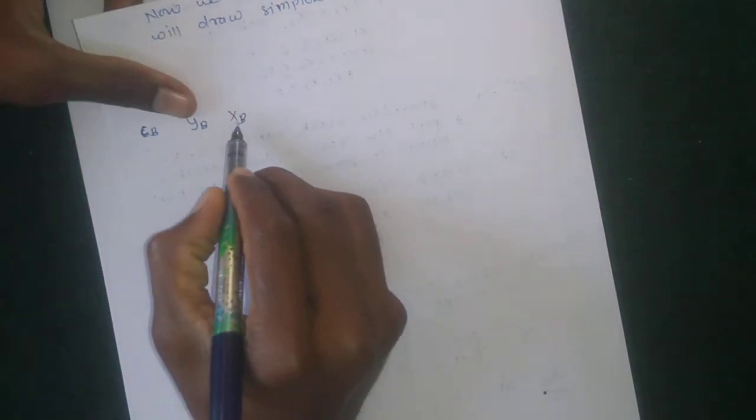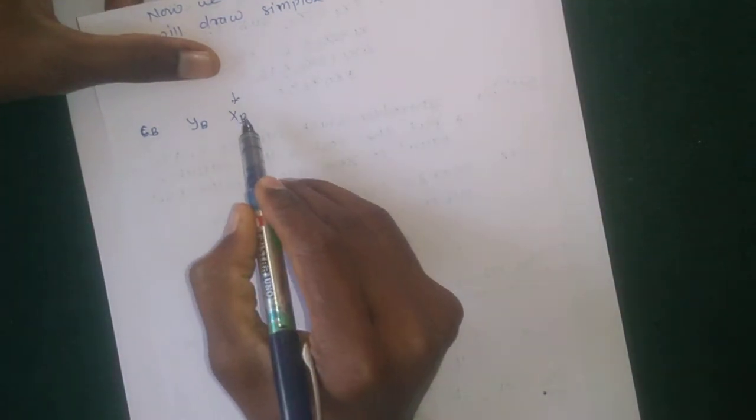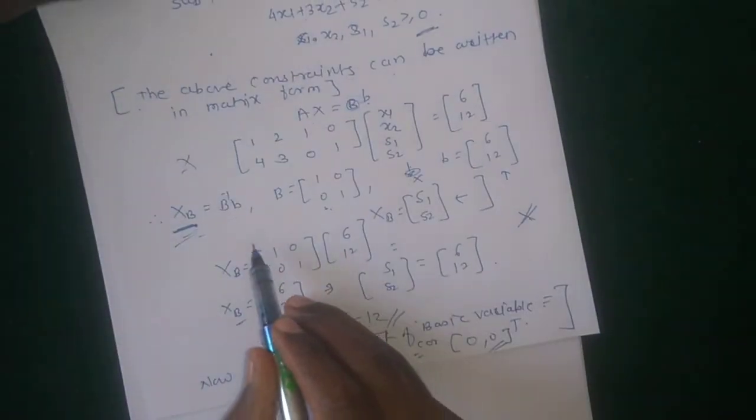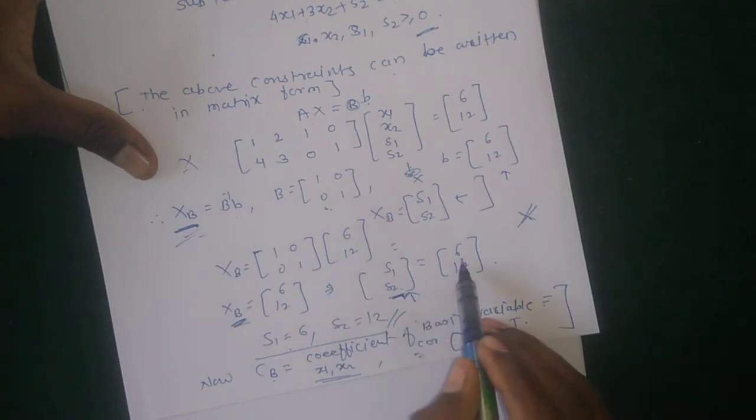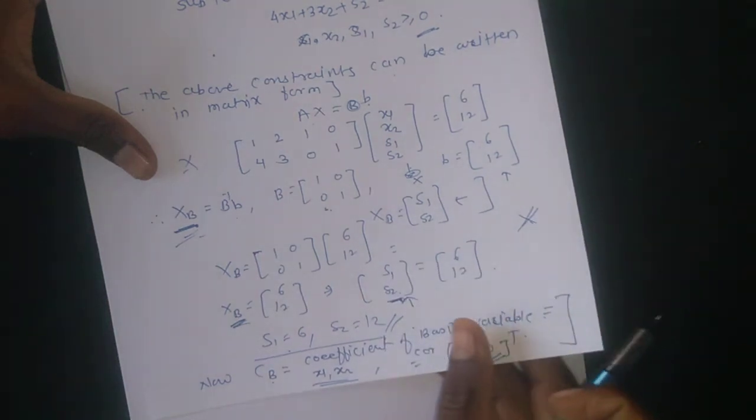Then the next column is xB, which means the coefficient of basic variable, and the basic variable coefficients are 6 and 12. In this way, xB means B inverse b.